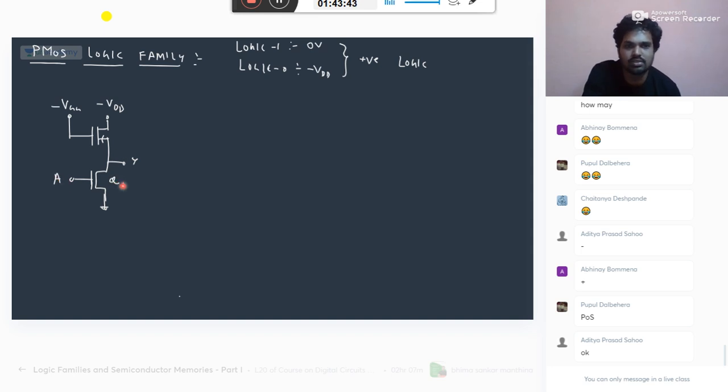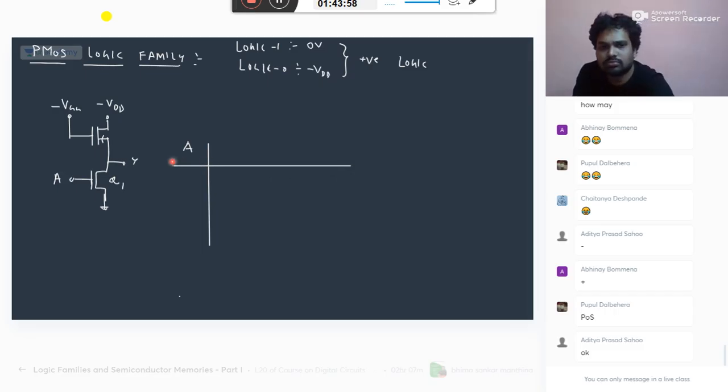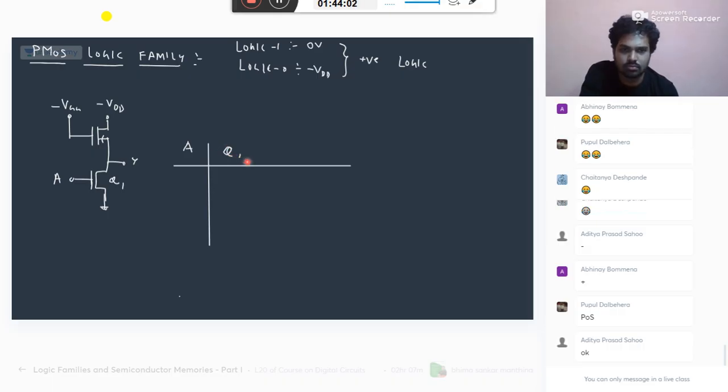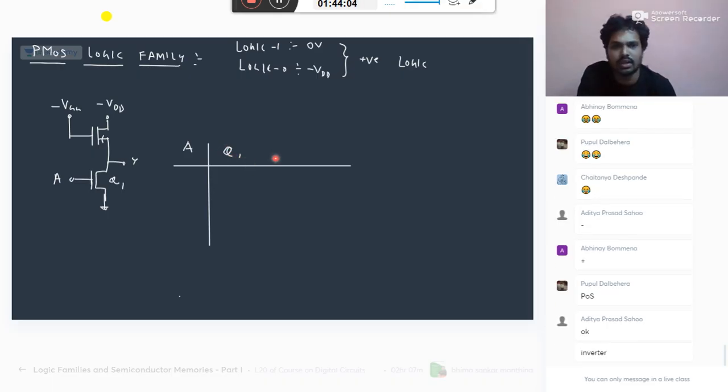So this is your transistor Q1, with input A and output Y. This is what we call an active pull-up resistor.